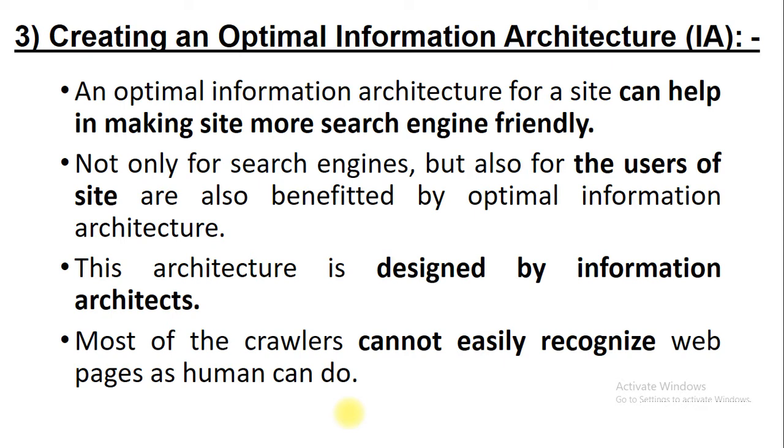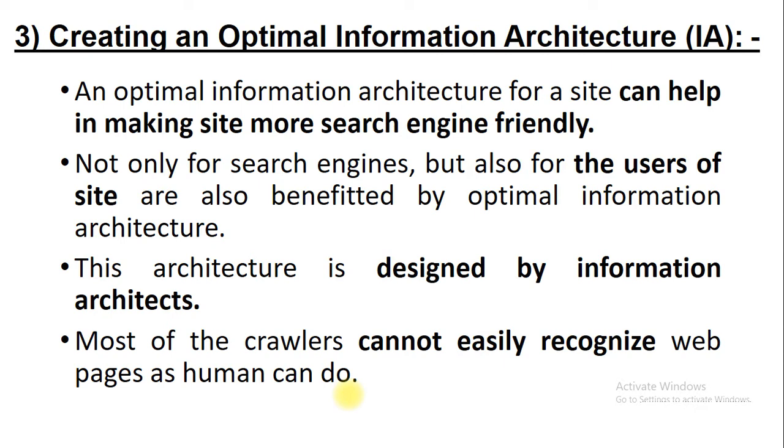So most of the crawlers cannot easily recognize web pages as humans do, because we human beings can easily understand the pages, or the content which belongs to the particular website. But as we know that crawlers are software programs, they cannot easily recognize those kinds of web pages which belong to the website.